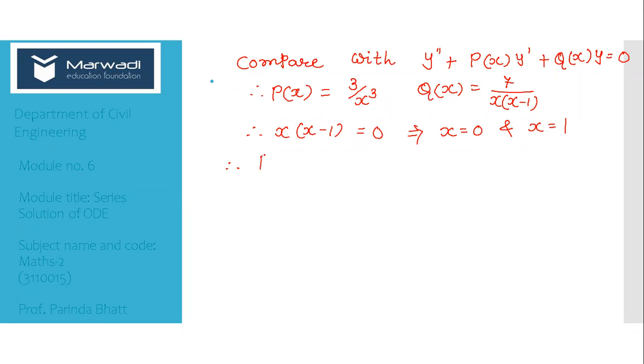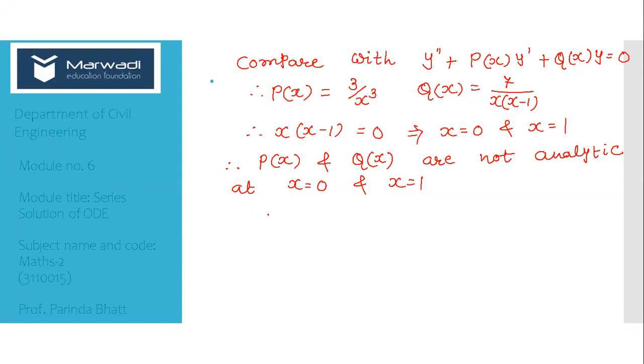Therefore, P of x and Q of x are not analytic at x equal to 0 and x equal to 1. Therefore, x equal to 0 and x equal to 1 are singular points.